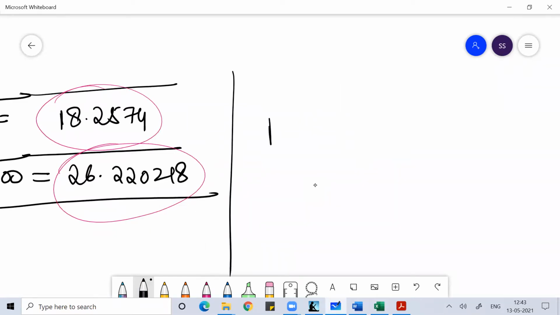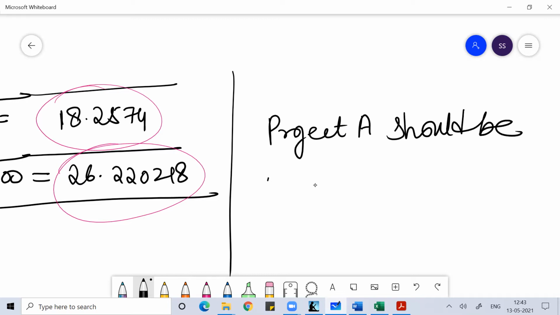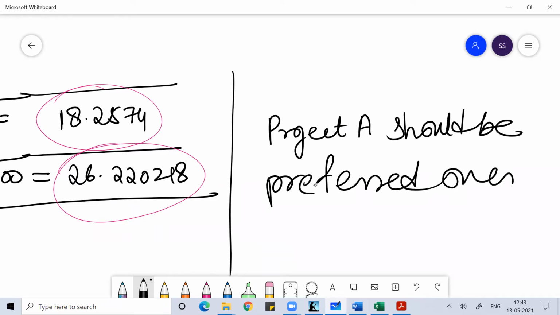Project A should be preferred over project B, because when we consider the coefficient of variation, we take both parameters into consideration, risk and return.